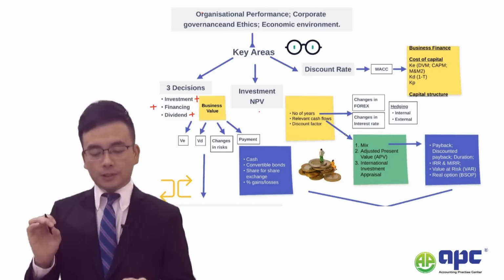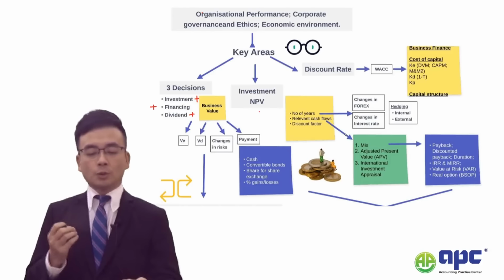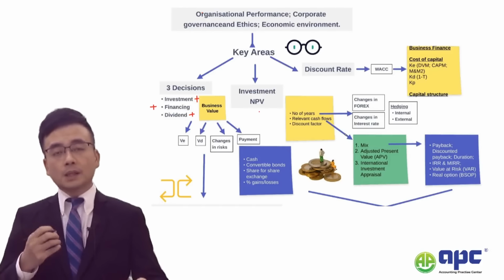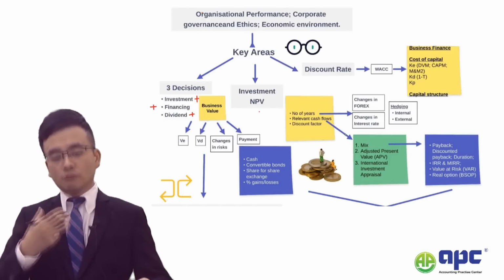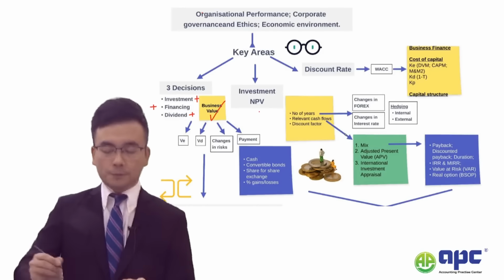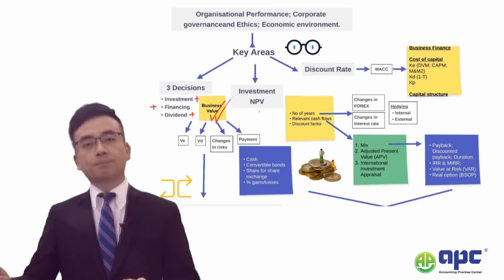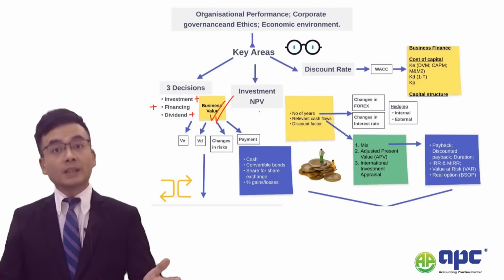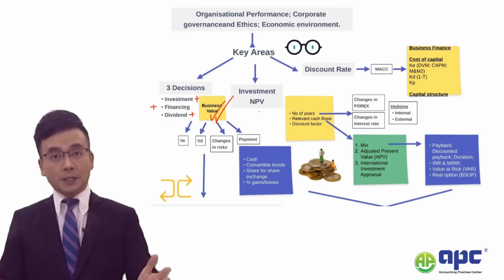Now, not only for that, please do make sure that the cash will really affect the business value. Okay? Because what is the value of that business? The fundamental logic is that, well, we need to see how much cash that you can make in the future.